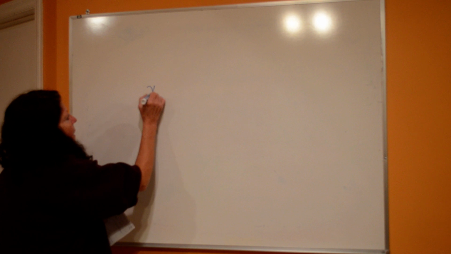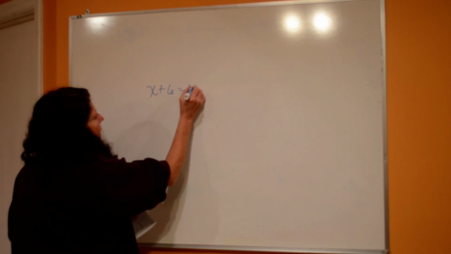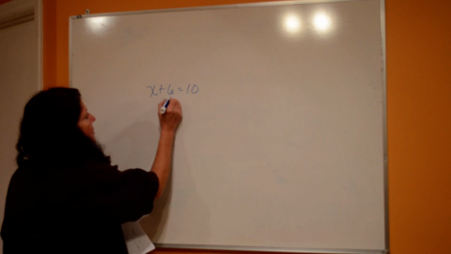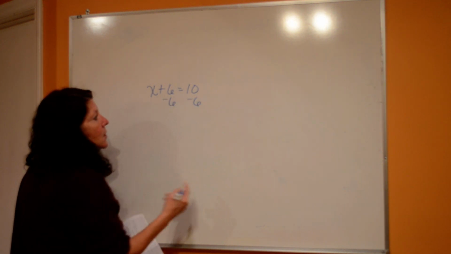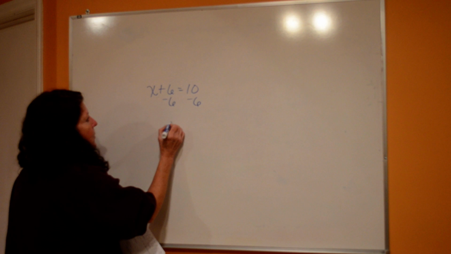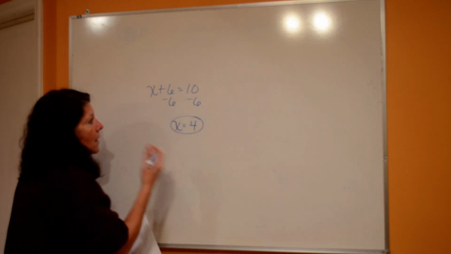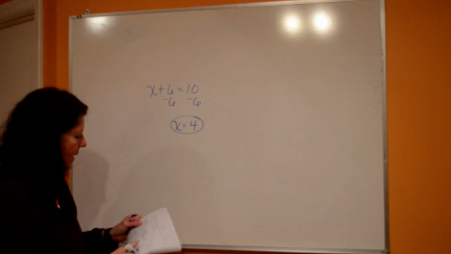Let's review the basic stuff here. You know that in order to solve for the x here, you would have to add a -6 or subtract a 6 from both sides, and you would get x is equal to 4. There's one answer that works for that x.